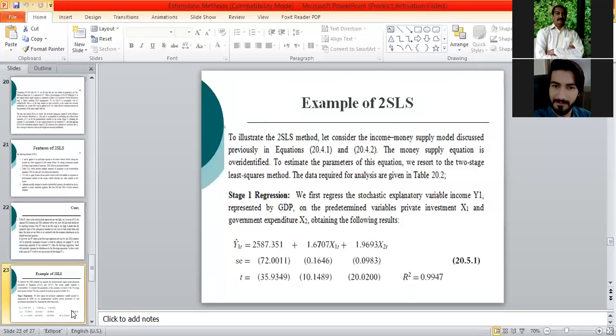If it is significant, we can say that simultaneity exists. If it is insignificant, we can say that simultaneity does not exist. You can learn all these activities through this example.